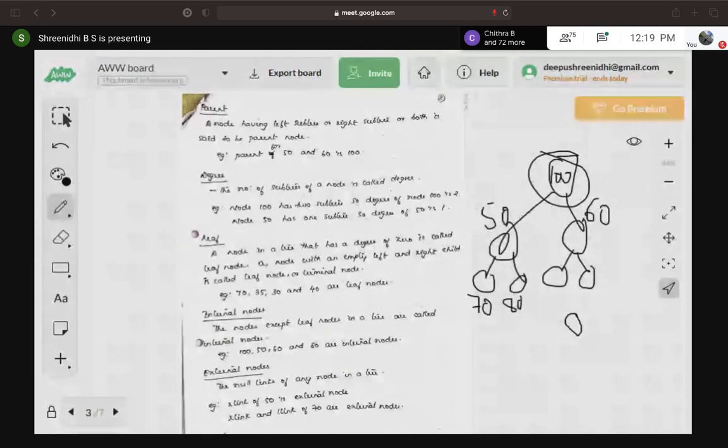For example, here the R link of 50 is an external node. The R link and L link of 70 are external nodes. Null links of any tree are called external nodes.